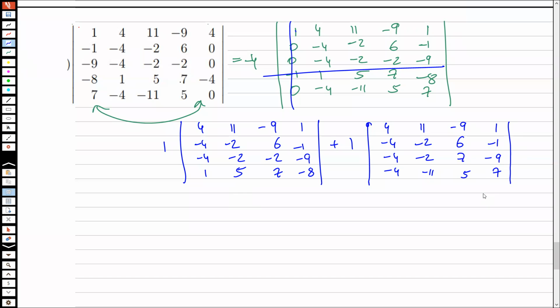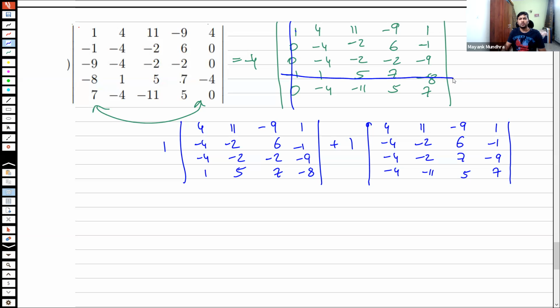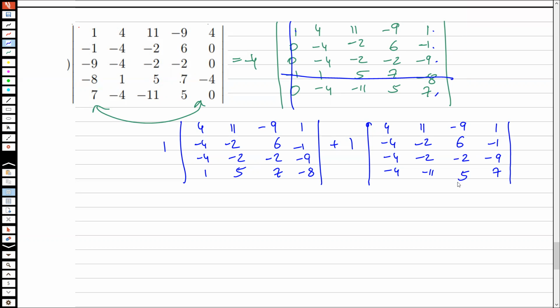Minus 9 6 minus 2, and 5. The third column will be minus 9 6 minus 2. I'm removing this row. The fourth column would be 1 minus 1 minus 9 7, right? Third column, sir. Okay, third column: 9 6 minus 2 and 5. Yeah, thanks. Okay, so what can I take common now?